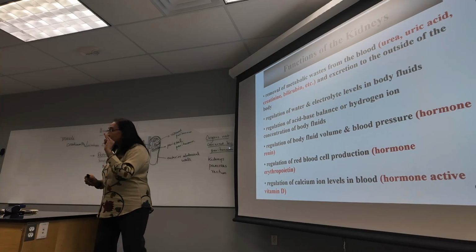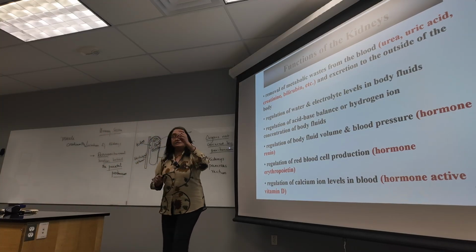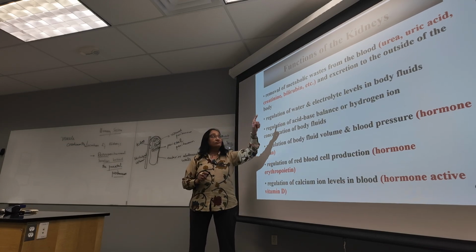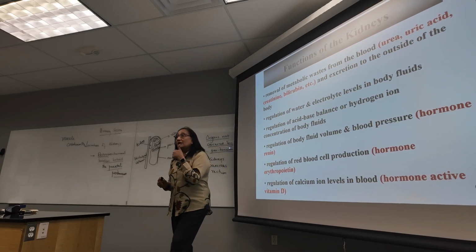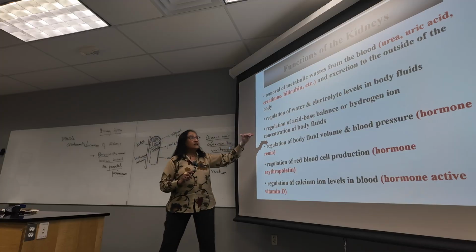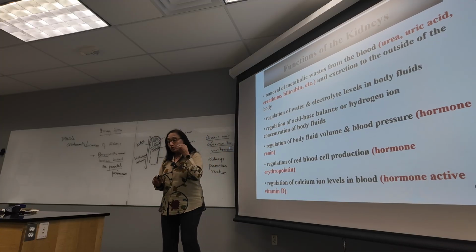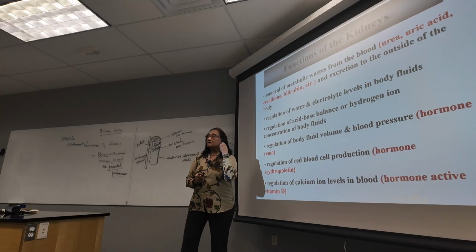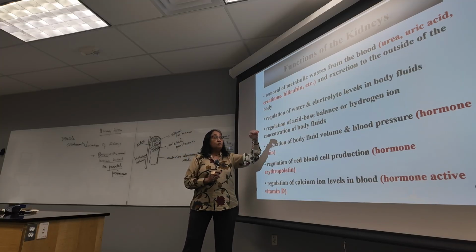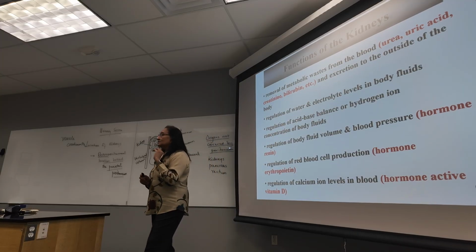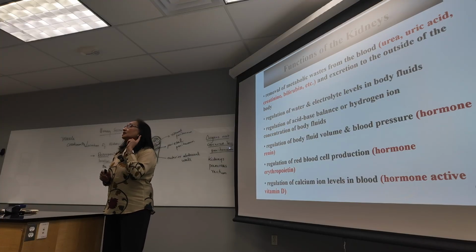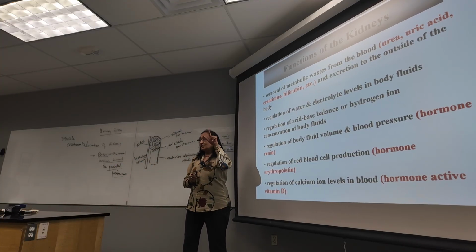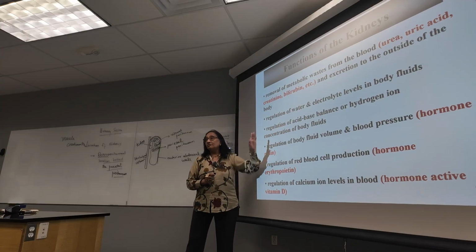Electrolyte balance, sodium, potassium, calcium, will definitely be affected if the kidney is not functioning properly. pH of blood, because the kidney is the one that throws out extra acid from your body, and extra alkali. So it maintains the pH of the blood. The moment the kidney is not functioning properly, you will have changes in the pH of body fluids.